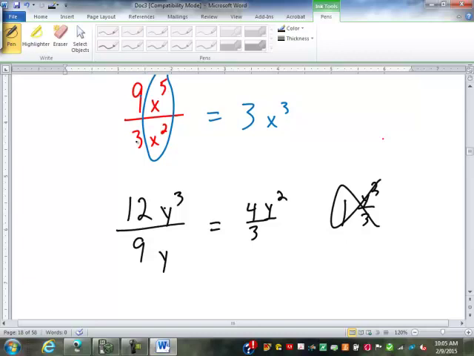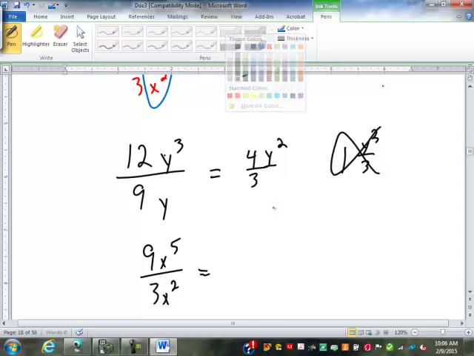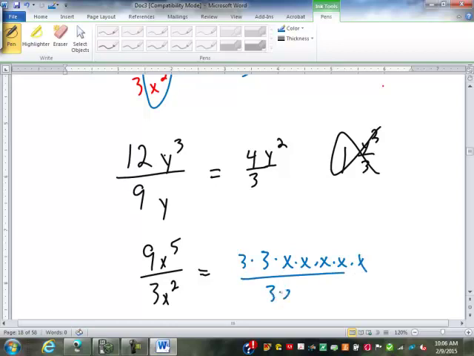But over here, everything on the bottom canceled out. If I were going to write that out, 9x to the 5th over 3x squared, 9 factors out to be 3 times 3, x, x, x, x, x. On the bottom, it's 3xx. 3's cancel, x's cancel.